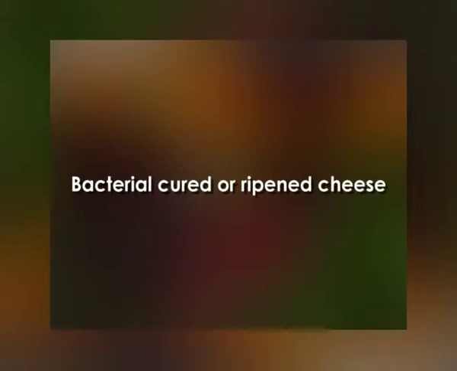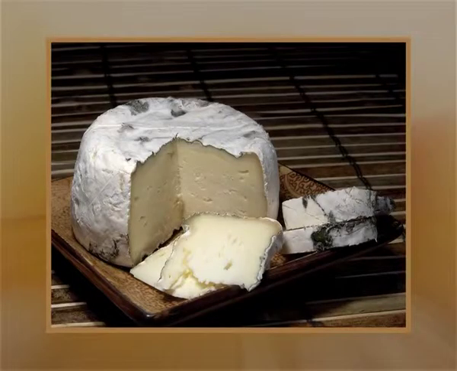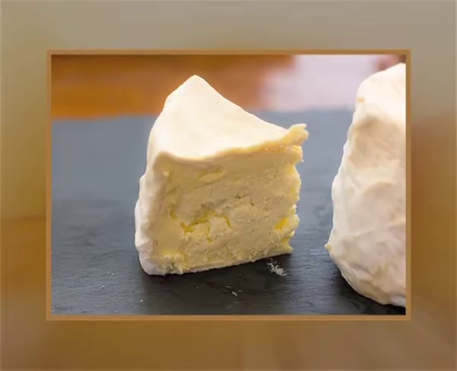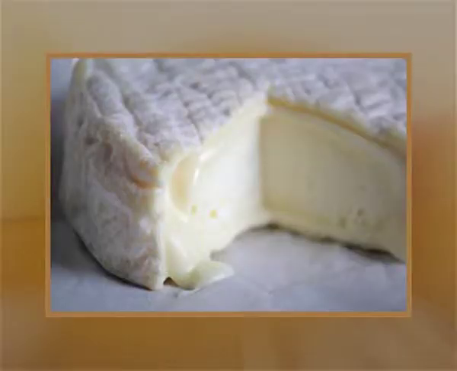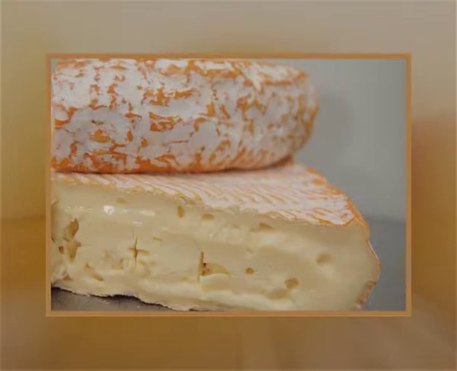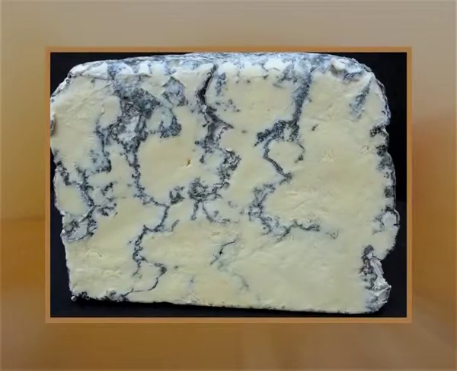Cheeses are classified as bacterial cured or ripened cheese, which includes surface ripened and interior ripened cheese, mold cured or ripened cheese. There are three main categories of cheese in which the presence of mold is a significant feature. These are soft ripened cheeses, wash-rinsed cheeses, and blue cheeses.